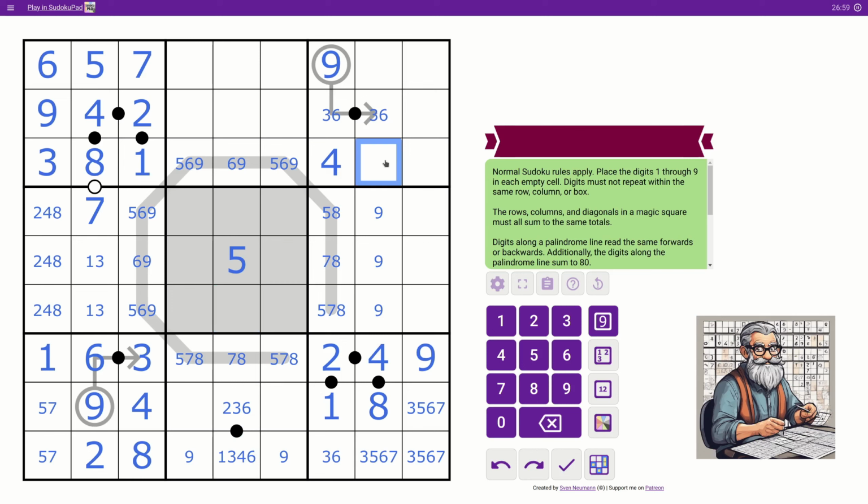Right, what's missing here? 2 and a 7. Okay, so there is a 7 here now, we know, and a 2 here. Yeah.